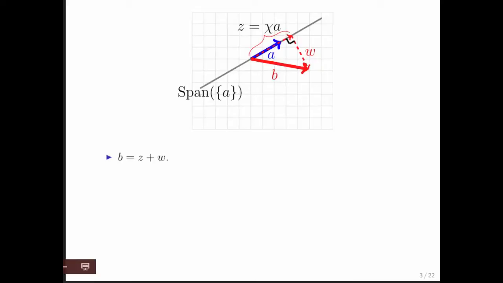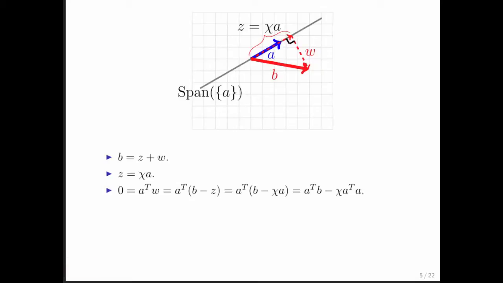Well, if we have a component in the direction of A and we have a component orthogonal to it, then B is equal to Z plus W. That's something we saw in week 1. What we also saw in week 1 was that any vector in the same direction as another vector is just a scaling of that vector. So Z is just some scalar chi times A. W we take to be orthogonal to A.